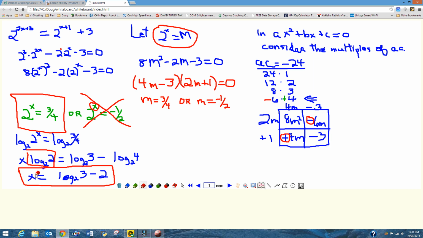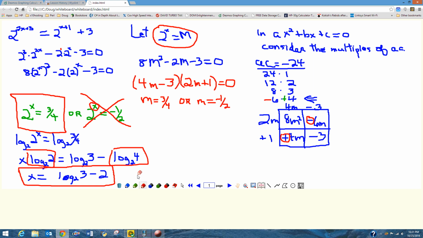So there's an understood 1 right here. And over here, log 3 base 2 doesn't simplify, but the logarithm of 4 base 2 is 2, because 2 squared produces 4. So there's your answer right there. Log 3 base 2 minus 2, or minus 2 plus the log of 3 base 2.